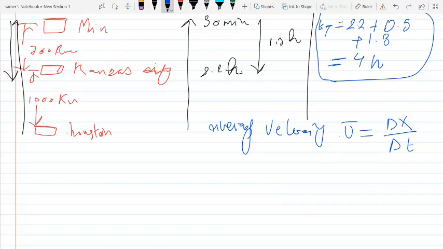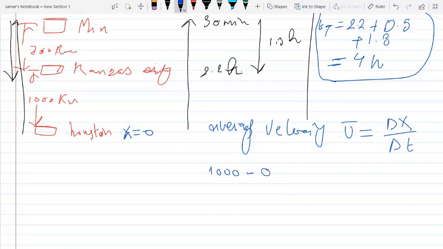And if we choose Houston, for example, to be x equals 0, then the total displacement is equal to 1000 minus 0. 1000 is the position at the end point, which is Kansas City, minus 0 is the position of the starting point, divided by the total time, which is 4 hours, and this is equal to 250 kilometers per hour.